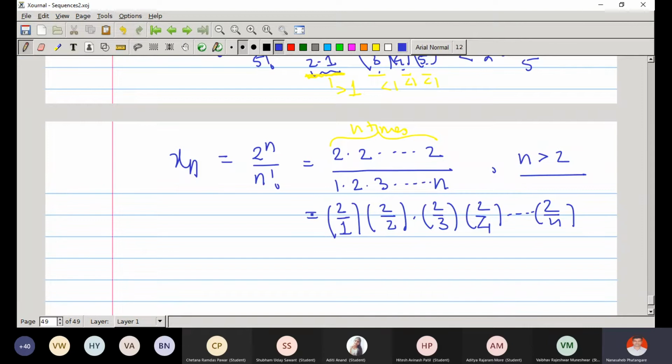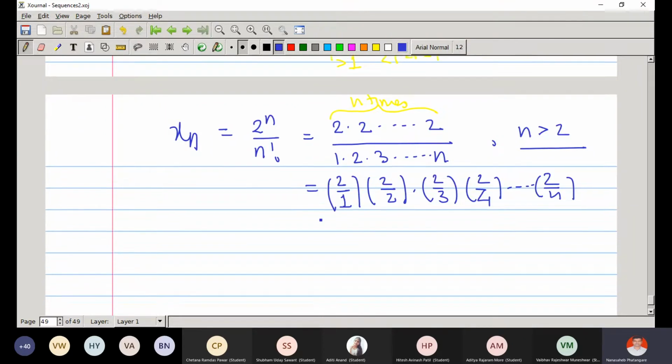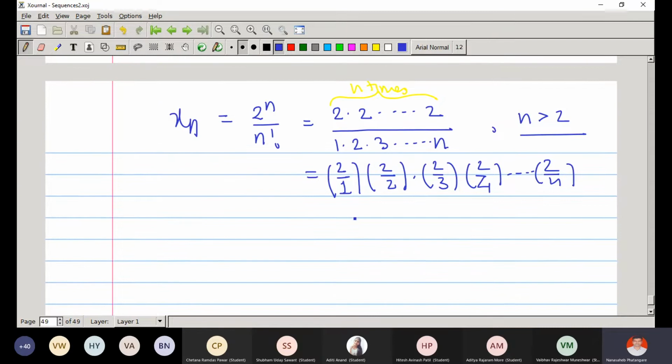I am assuming that because we don't want to worry about smaller n, since we want to see what happens at infinity. Fine. Now in this last expression, how many factors did I find here? n factors. Now you tell me what is your observation from these factors. The first factor and second factor are greater than or equal to 1, and the remaining factors are less than 1.